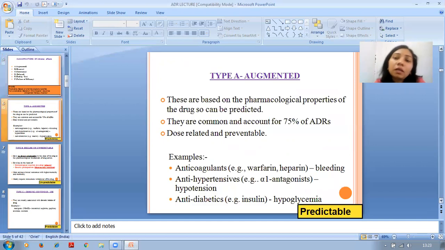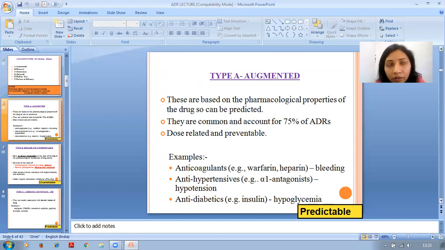So type A, that is augmented. These are based on the pharmacological properties of the drug, so these can be predictable. The most common type of adverse effects are in this category, and responsible for 75% of the total ADRs. These are dose related and can be preventable. For example, an anti-diabetic drug.